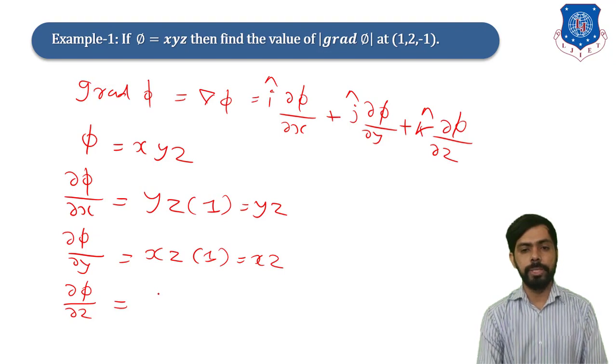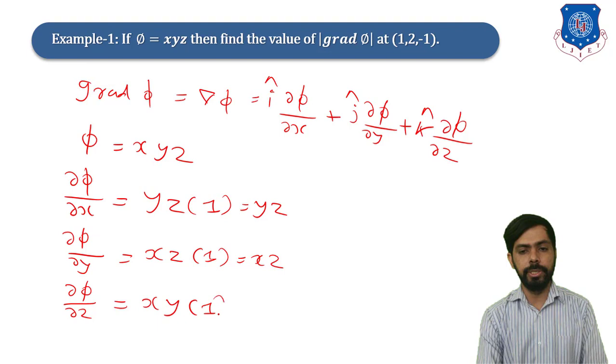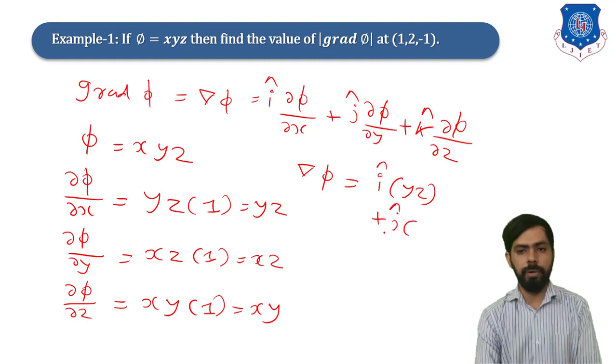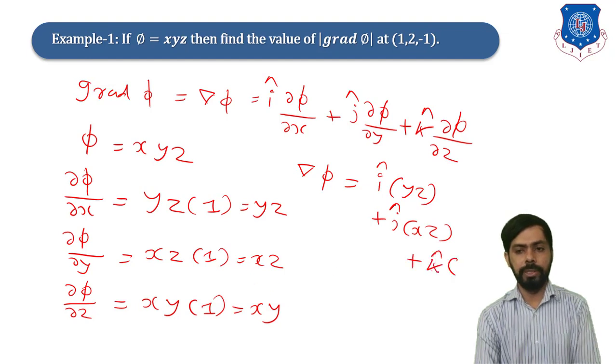Here x and y will be constant and the derivative of z with respect to z is 1. So this will be xy. So grad phi will be i times yz, plus j times xz, plus k times xy.